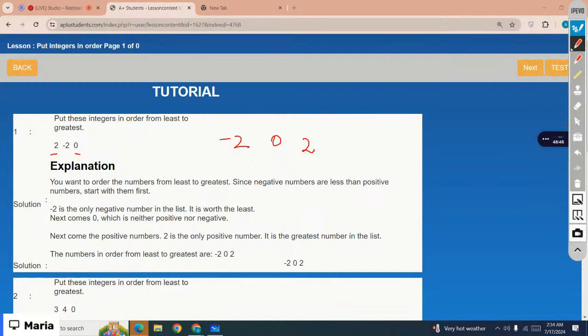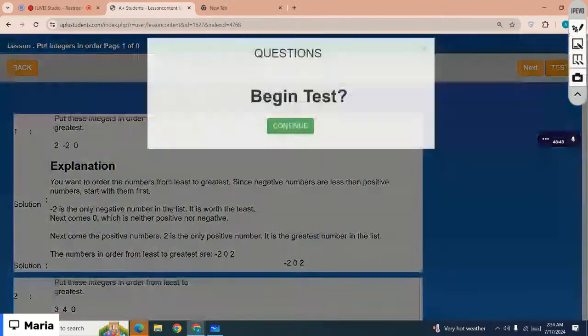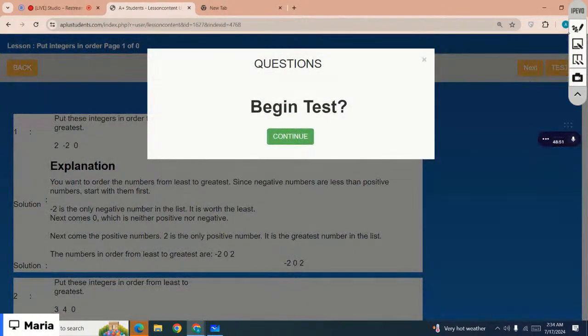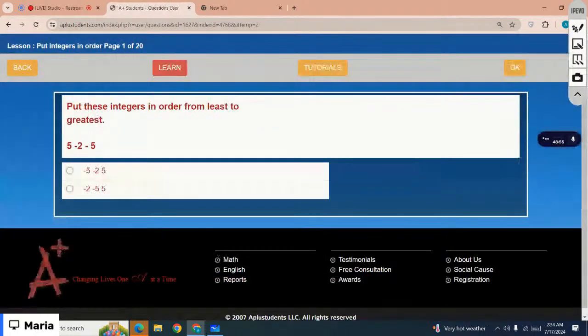Let's just start with the test questions. Put these integers in order from least to greatest.